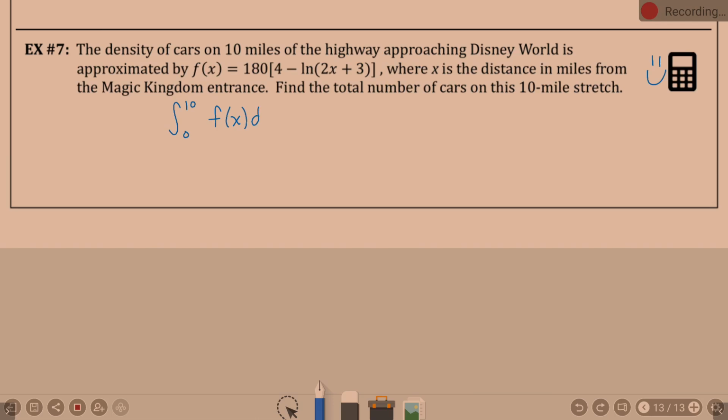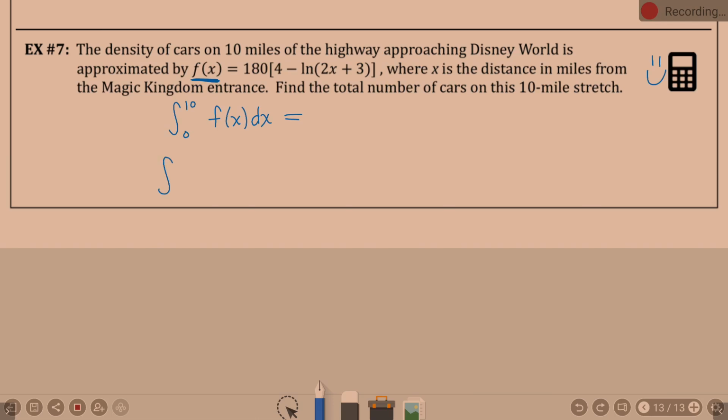You could write this one because f of x is defined in this problem. You don't ever have to write that equation. Now you don't get to just magically create something, but you could just write that, put it in your calculator, and you're good to go.